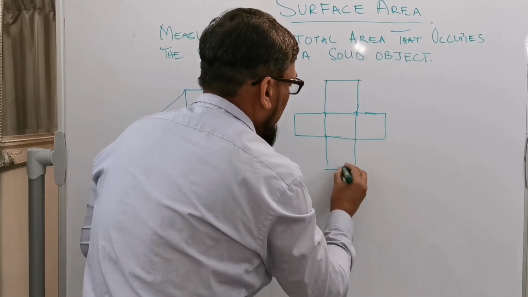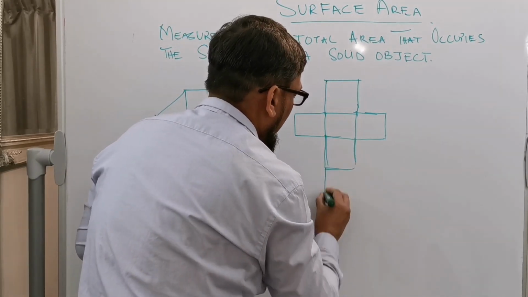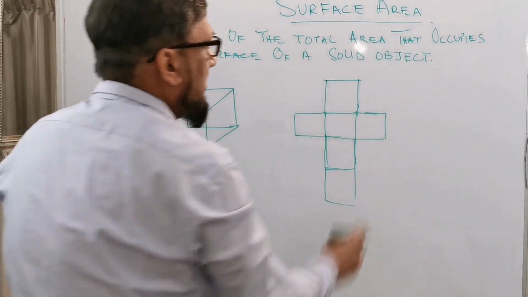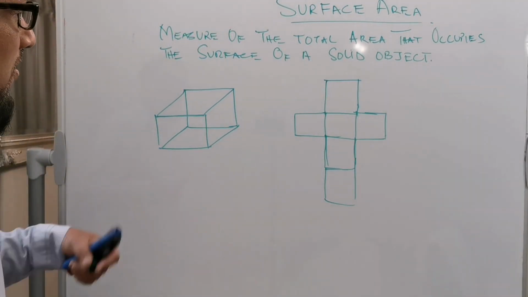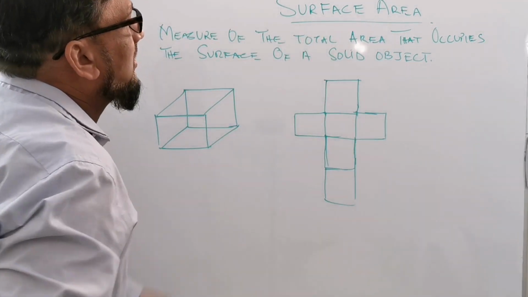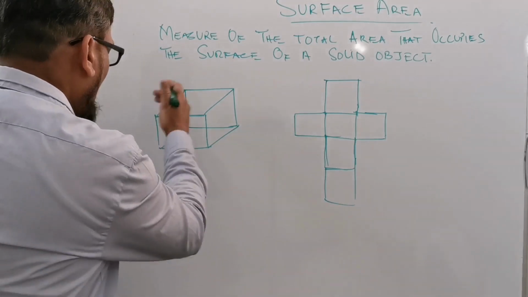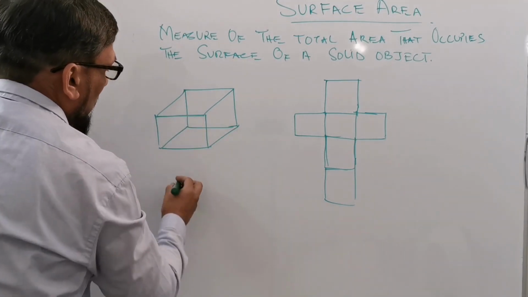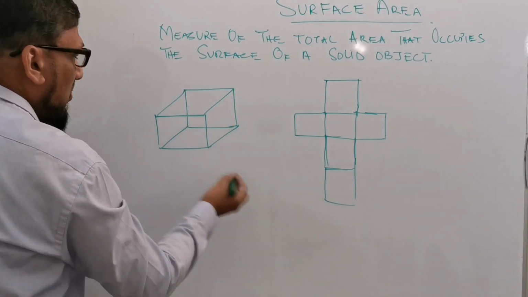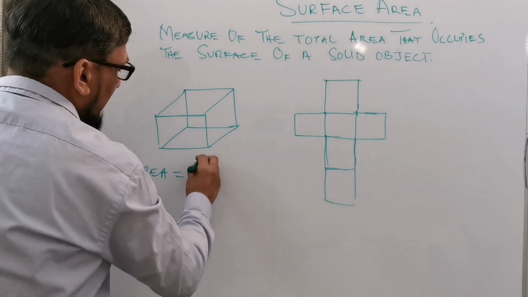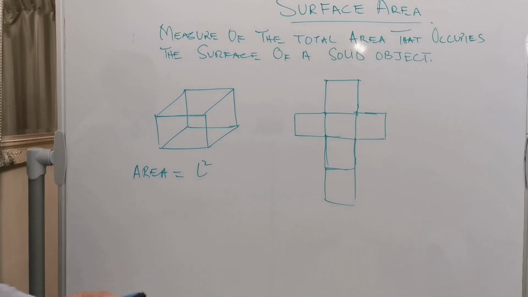So how many faces are there? 1, 2, 3, 4, 5, 6. So how do we work out the total surface area of a cube? As we know, the area of a square is equal to L squared, because all sides are equal.